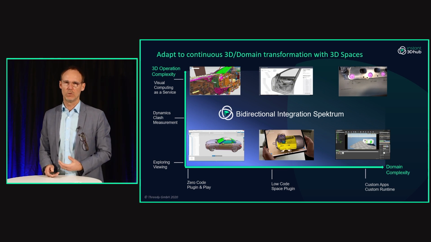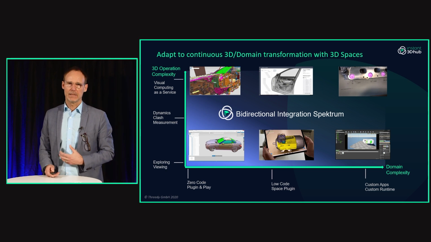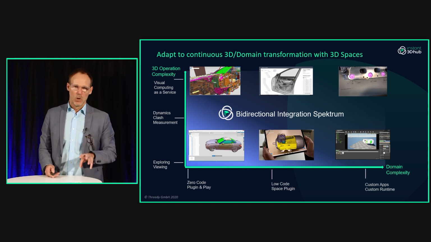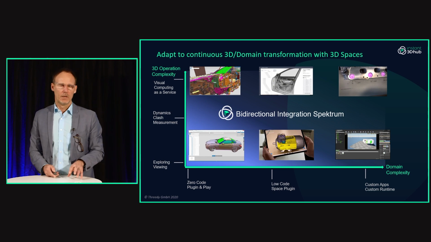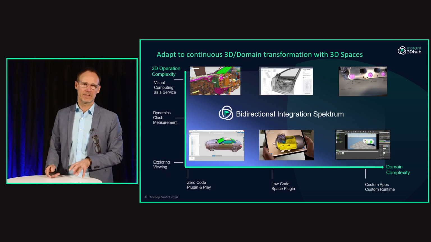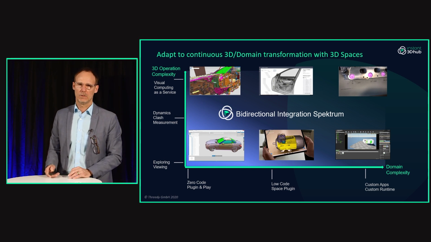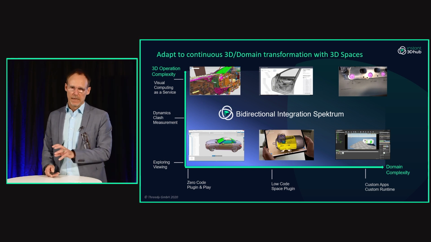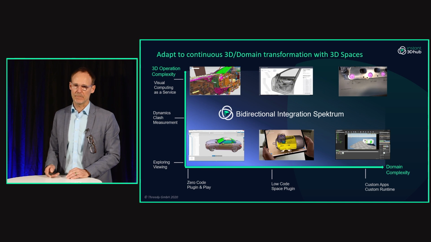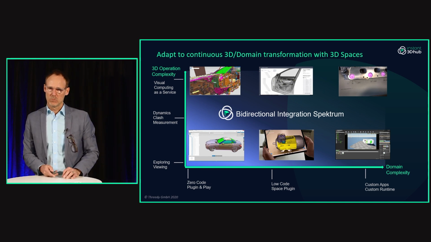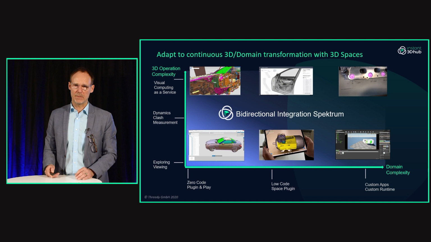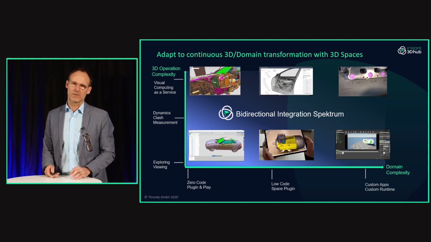Then they move on to low-code space plugins where they connect metadata with some external business data to view, for example, ERP data directly in pop-ups in the views, and then to fully custom apps and custom runtimes where, for example, with the game engine integration, we can build a totally external application.